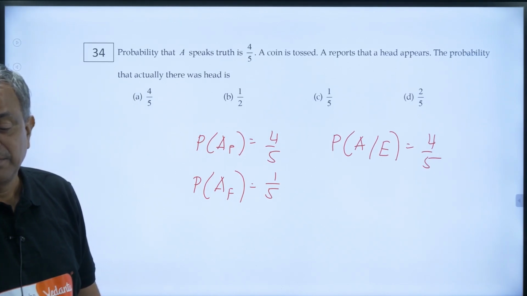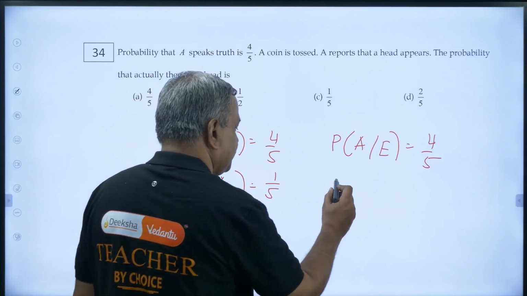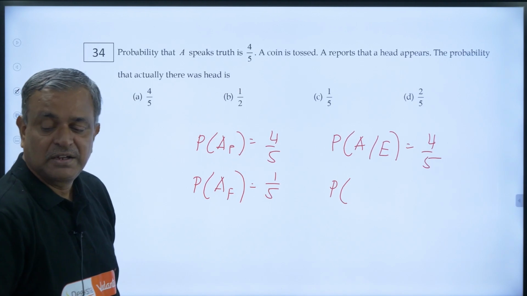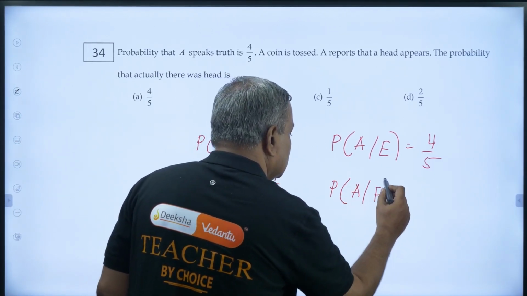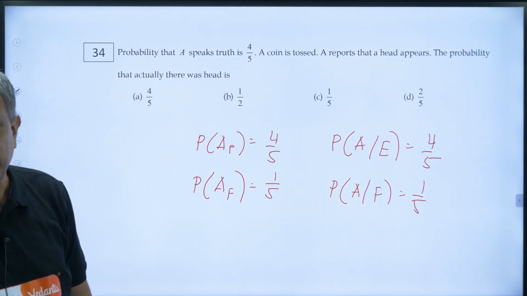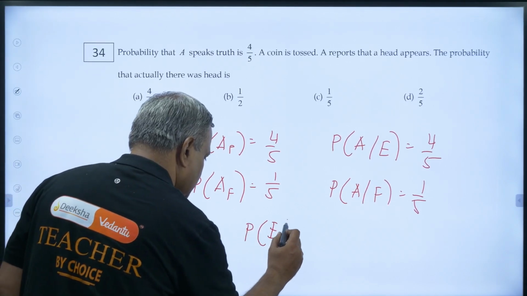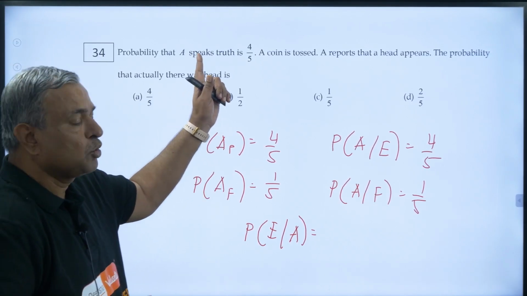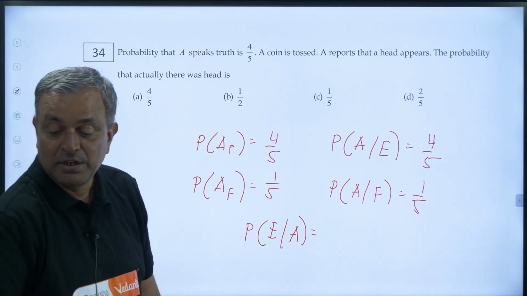Next is tail comes and A speaks a lie, which will be 1 by 5, because truth is 4 by 5 and lie is 1 by 5. The required probability is P of E by A, meaning head came and he is speaking the truth as a head. This will be nothing but 4 by 5.